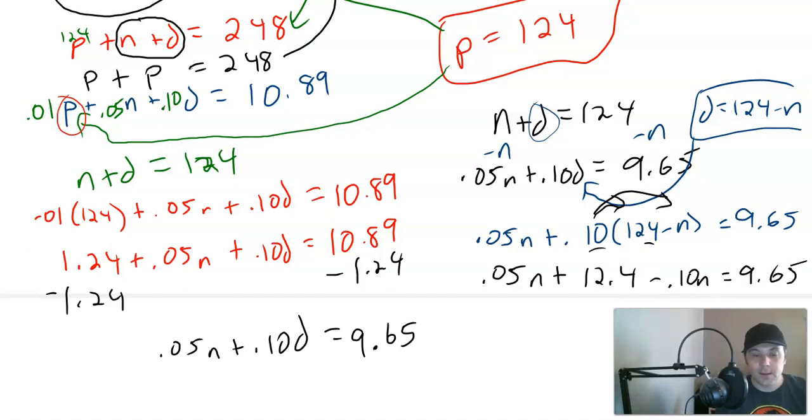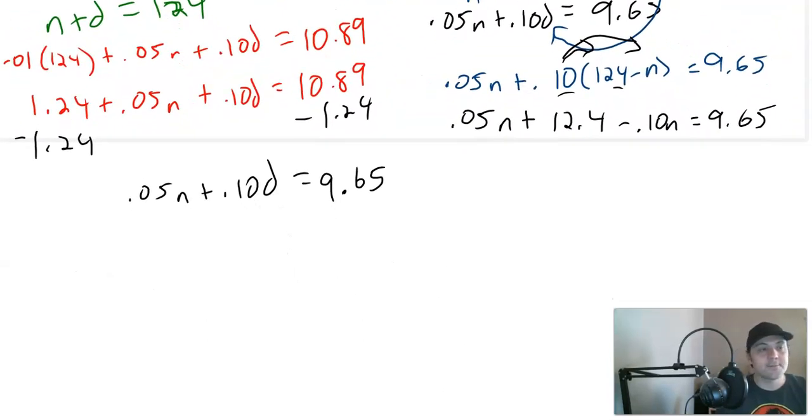I'm going to need a little more room here to keep working. Combine the N's together, so it'll be negative 0.05N, I forgot the 0, minus 12.4 to the other side. So I'm doing two things at once, combining my like terms and subtracting this number over to the right-hand side.